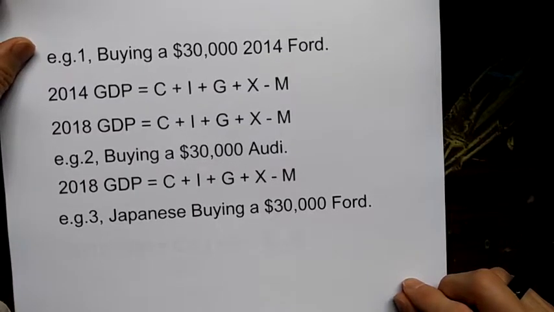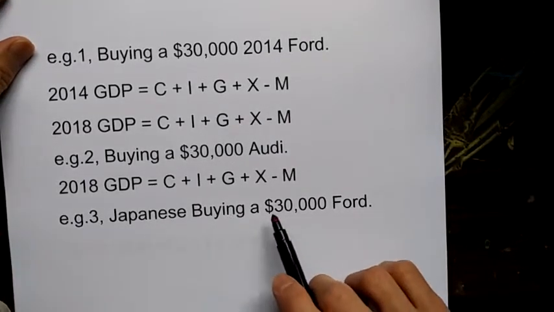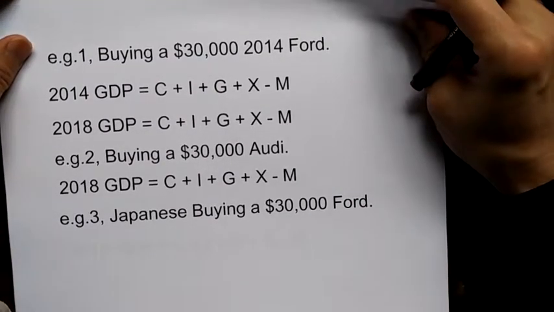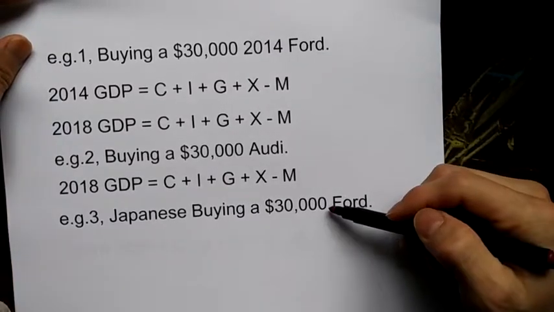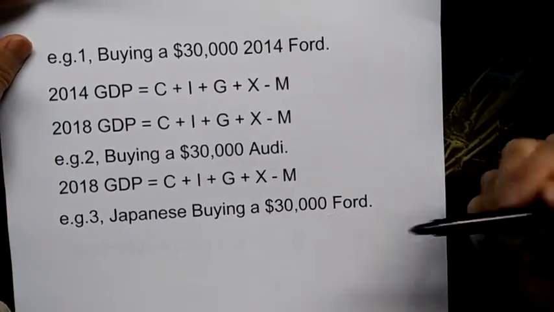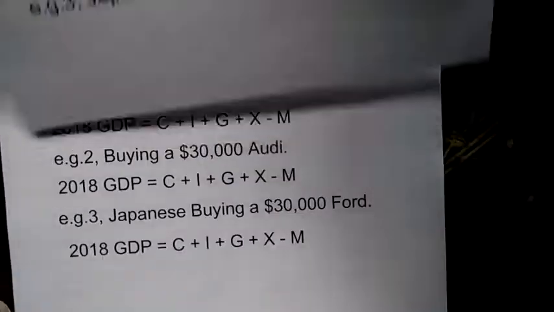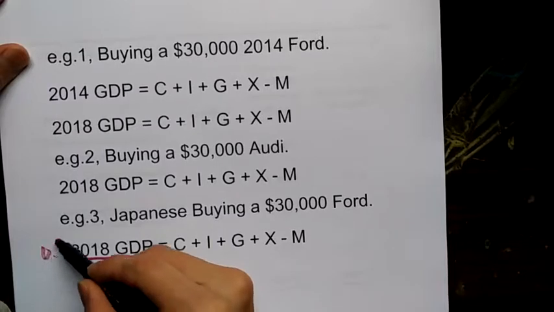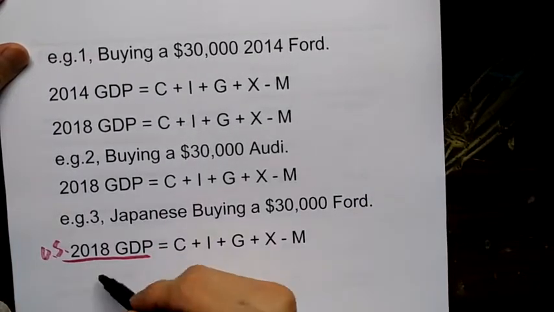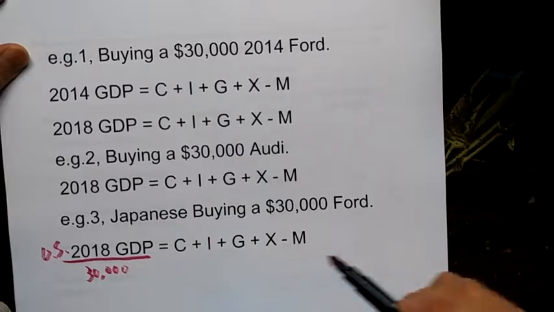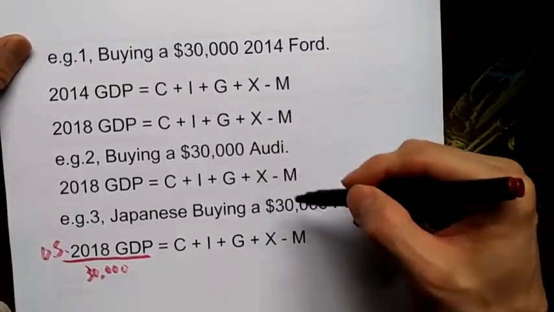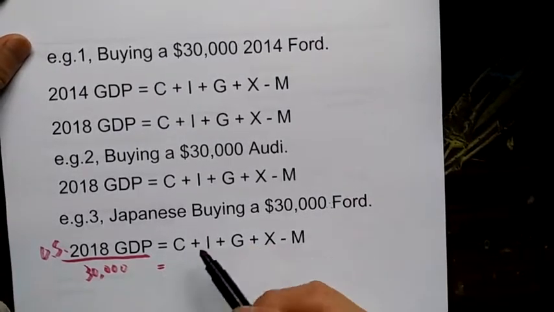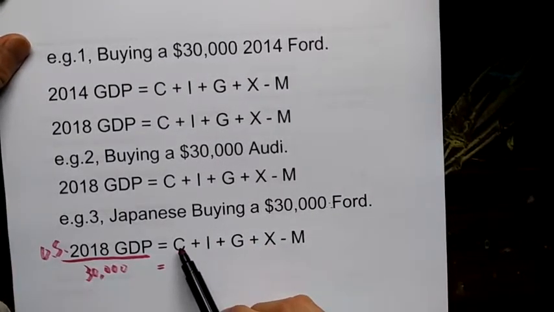Now, if a Japanese buys a $30,000 Ford, then what happened? Whose GDP is it? US GDP, right? Okay, therefore, US GDP in 2018 should include this $30,000. We assume that they are both produced in 2018, okay? Does the US consumer buy it?